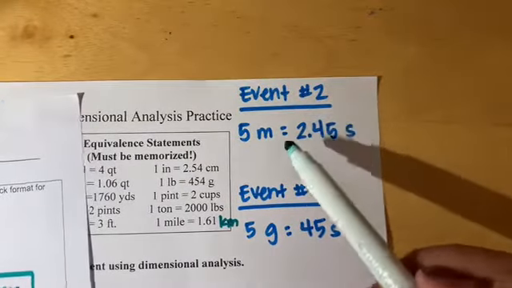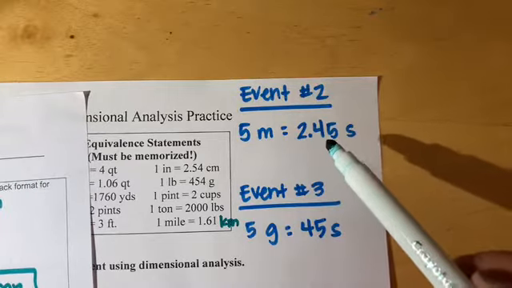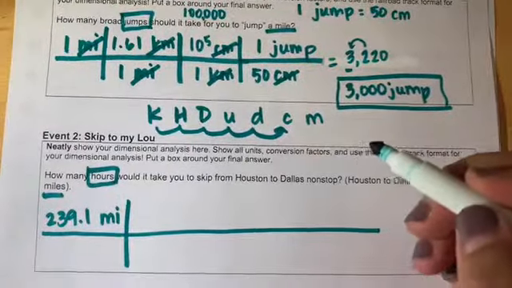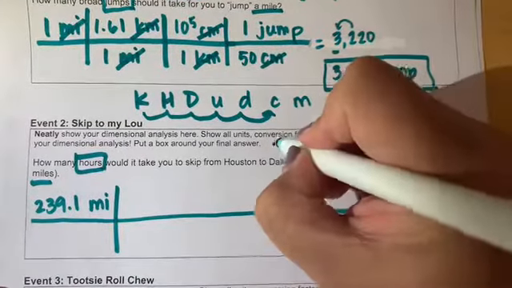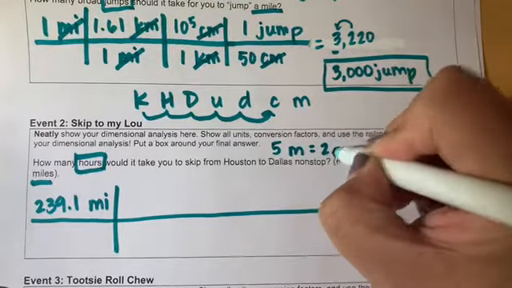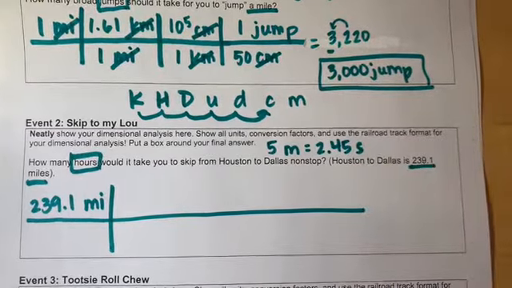From event number 2, 5 meters took me 2.45 seconds to skip. So I'm going to use that conversion factor: 5 meters, that's how much we skipped, took me 2.45 seconds.